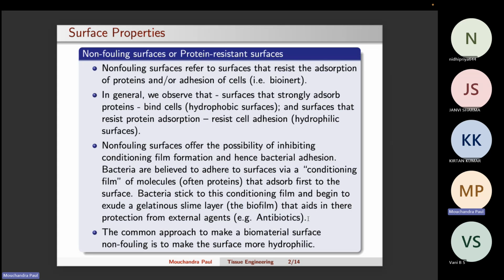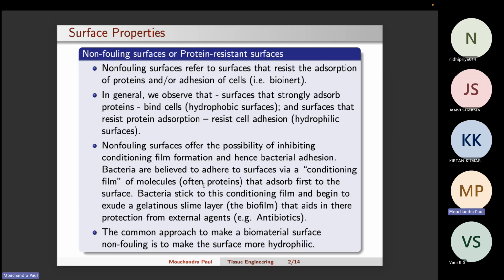The formation of biofilm can be very dangerous for medical devices that are going to be implanted inside your body for a long period of time, because it can cause a septic condition in the patient.